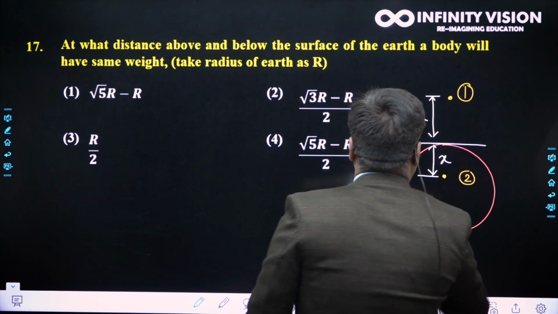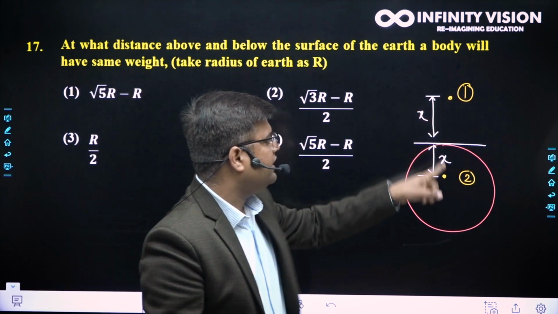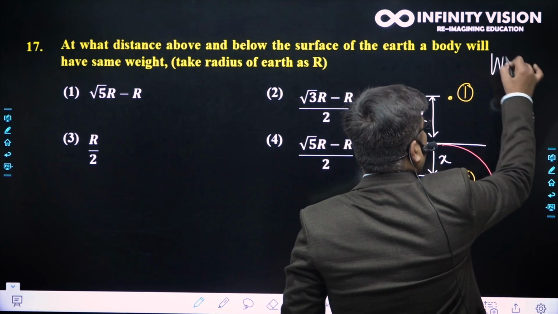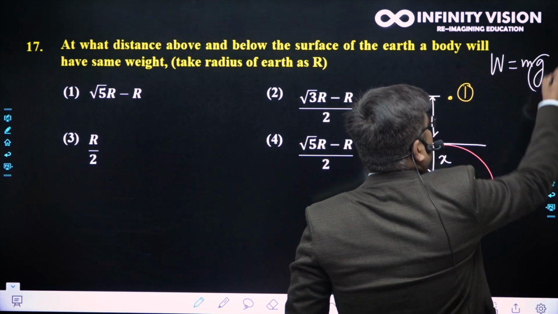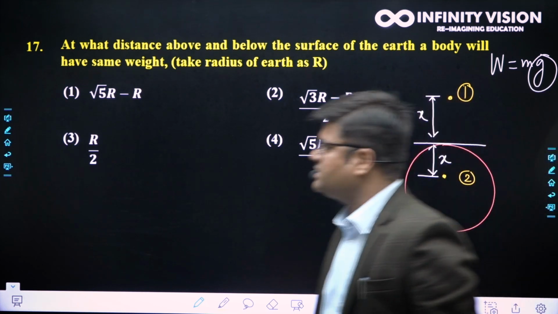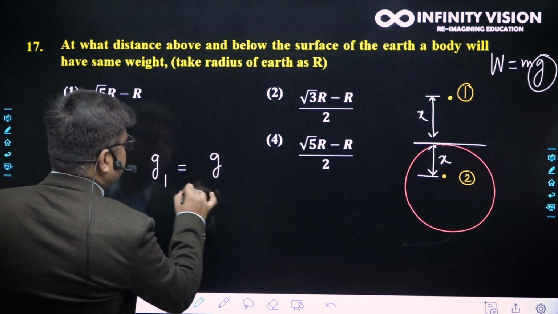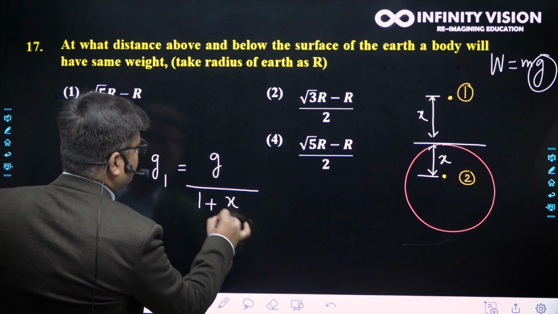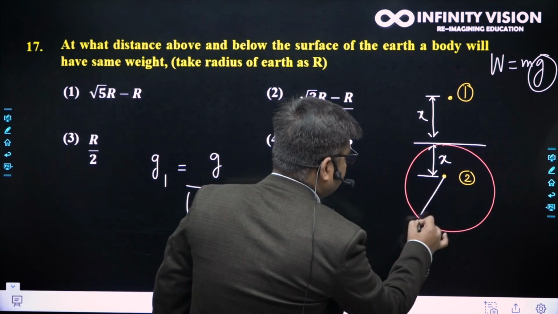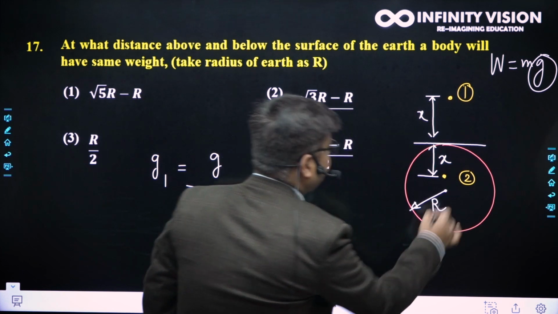We have to calculate x such that the weight at point 1 and the weight at point 2 are the same. Now weight is mg, the mass into acceleration due to gravity. So if the value of g is the same at both the points, then automatically the weight will be the same. For point 1, g1 can be written as g upon (1 plus x by r) raised to the power 2. Sorry, this is the center and this is the radius of the earth, r.